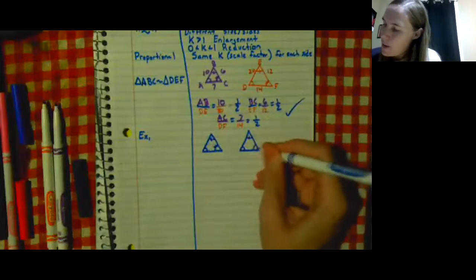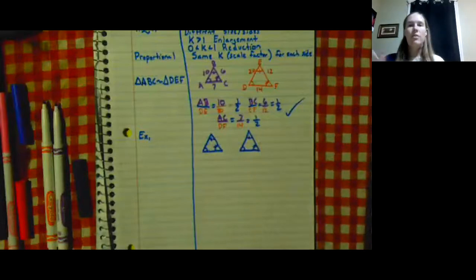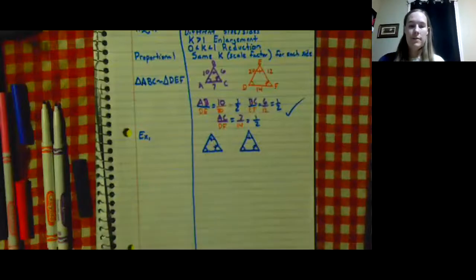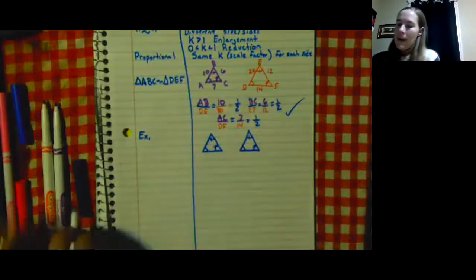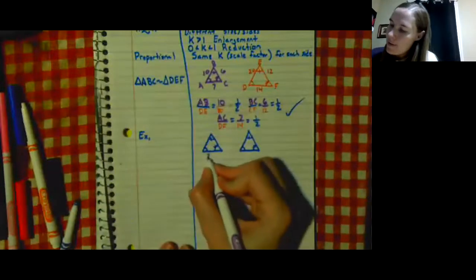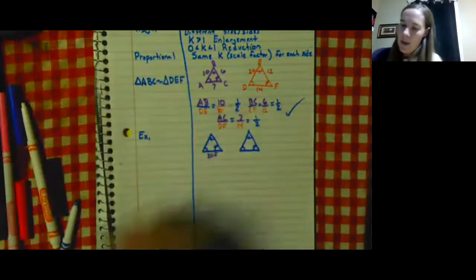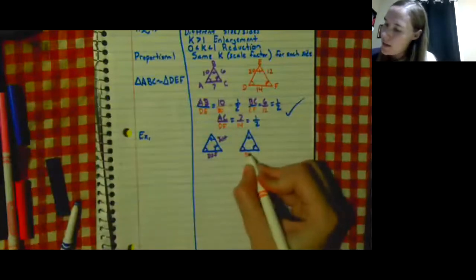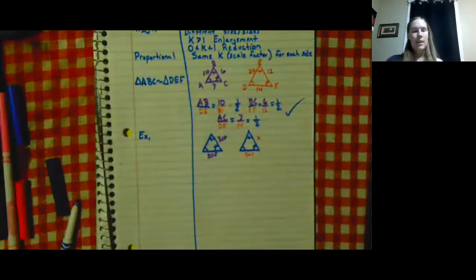This one has the same markings. Remember, those ticks on the angles mean they're the same. So far we know they're the same shape and the same angles. Say this triangle had a side of 20 feet here and 30 feet here, and this other one had 50 feet here and X here.